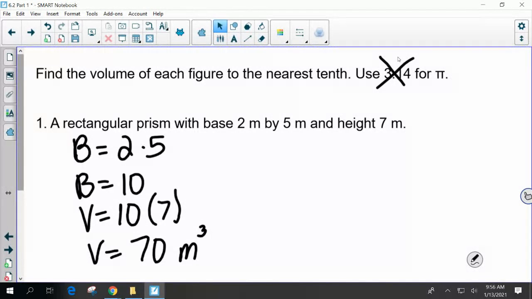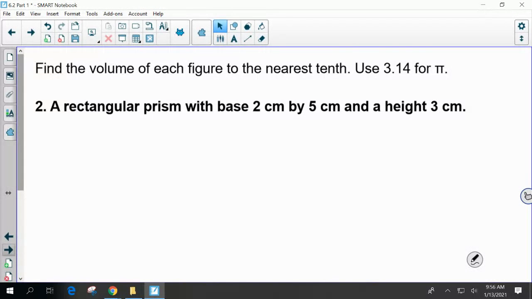Until we get into a cylinder, it doesn't work for a cylinder. But let's say you switch around these numbers and don't put them in the correct order, you're still going to get the same answer in the end, as long as you use all 3 numbers and you only use them one time. Does that make sense? We should all still end up with 70, even if we put the numbers in a different order.